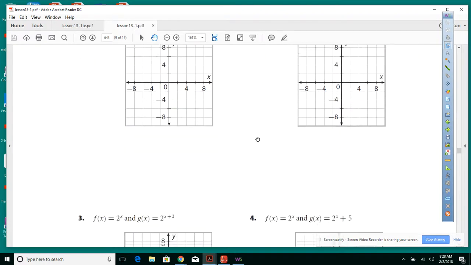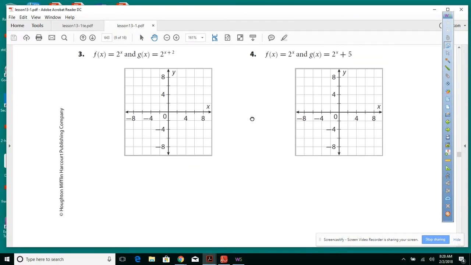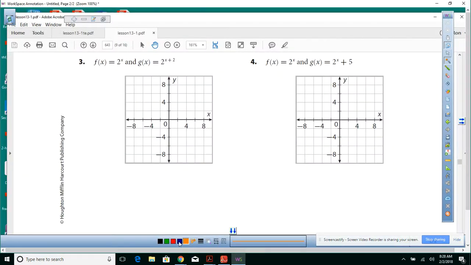All right. Let's take a look at number 3. And you notice there's some change up here. We've got x plus 2. So a is 1, b is 2, h is negative 2. Well, how can that be negative 2?